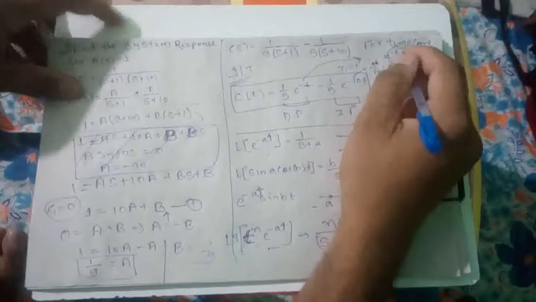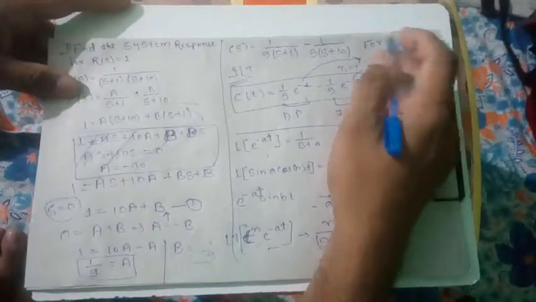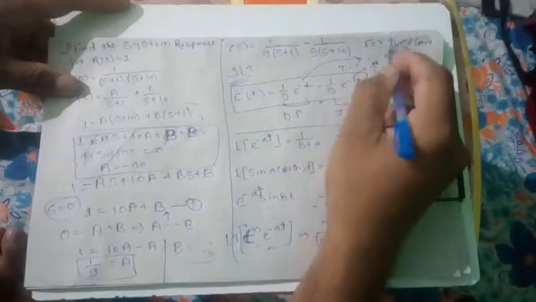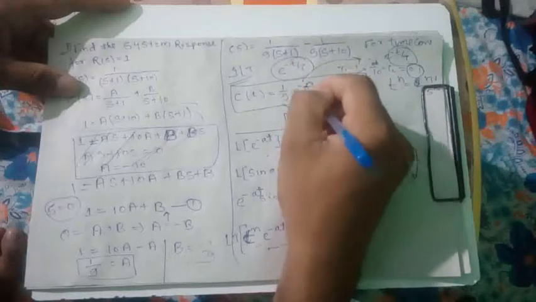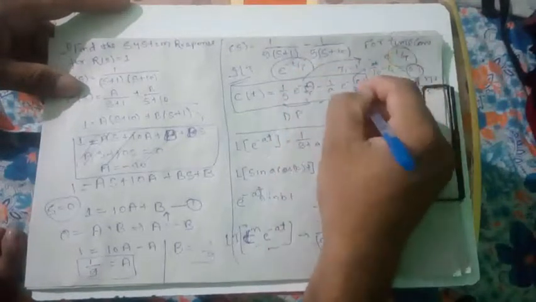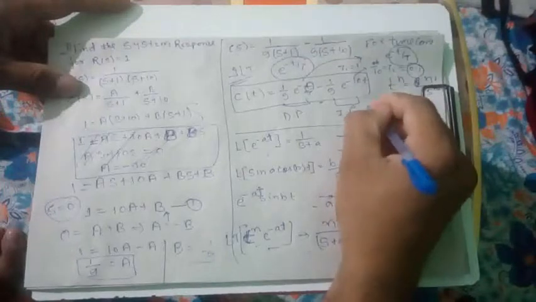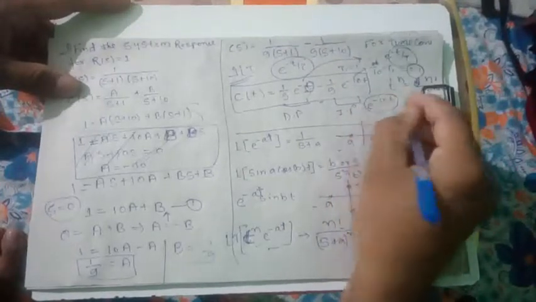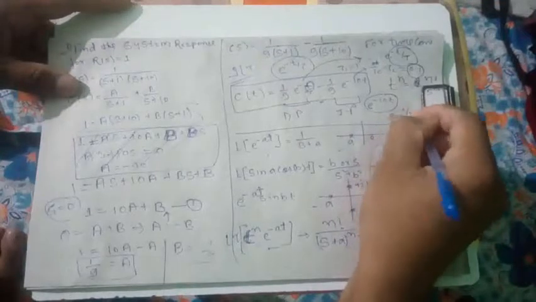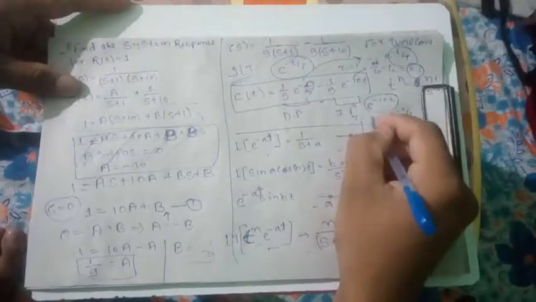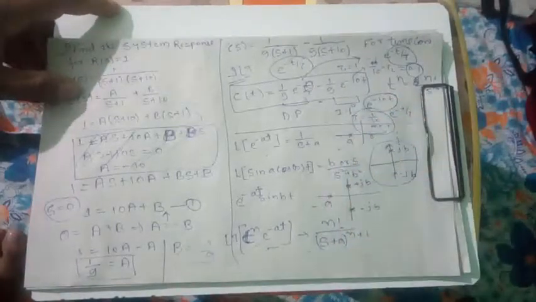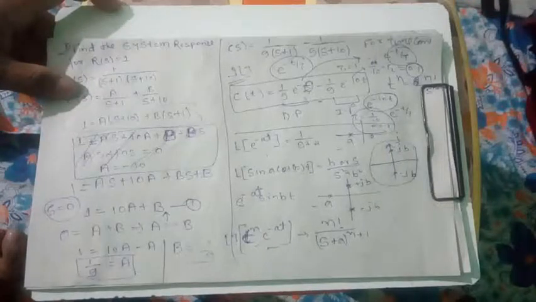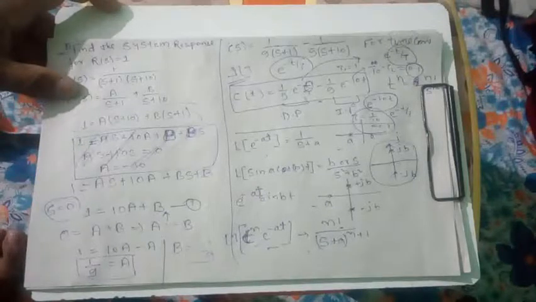So to get the system time constant from the response, compare this response with exponential minus t by tau. How do we compare? Look, t is common here, nothing behind it means 1, and here it is 10. So if we write exponential minus 10t and compare it with exponential minus t by tau, then tau equals 1 by 10, that is nothing but 0.1. So this is the answer. To get the time constant from the response, compare the response with exponential minus t by tau.